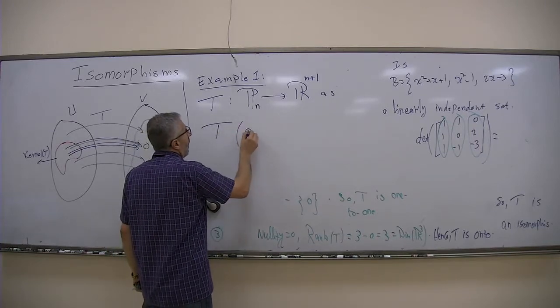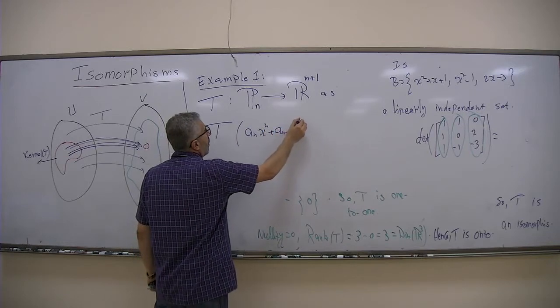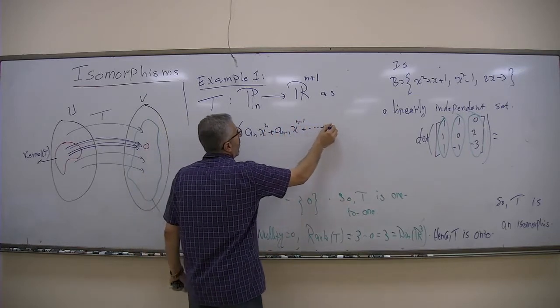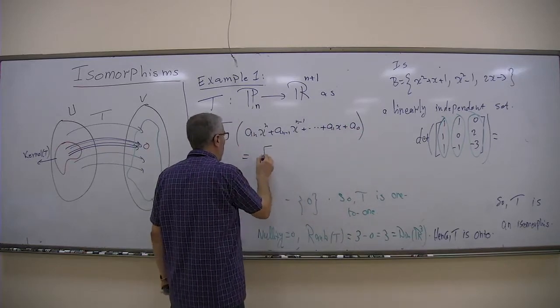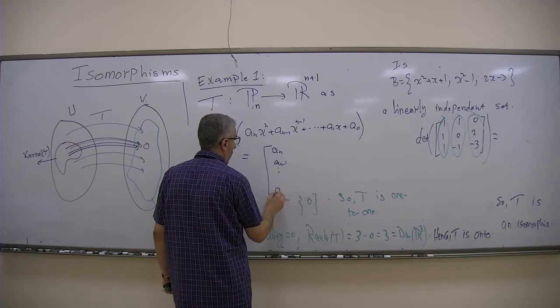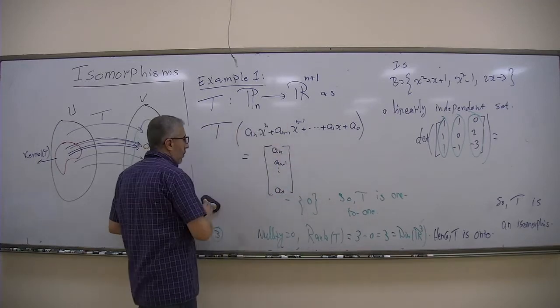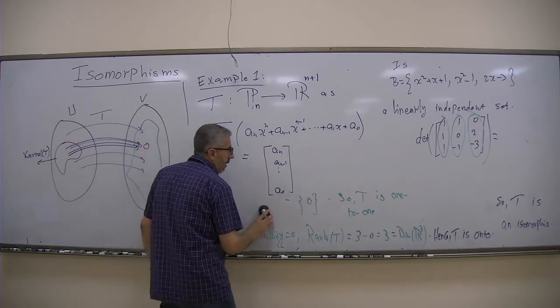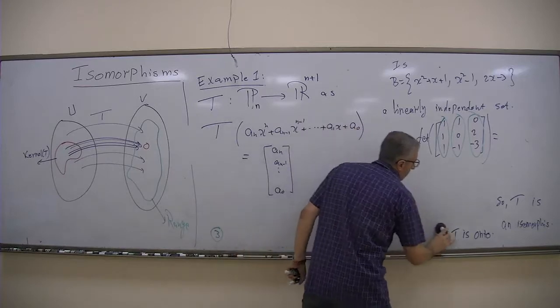You can take an x^n plus a_(n-1) x^(n-1) plus ... plus a1 x plus a0 mapped to (an, a_(n-1), ..., a0). This and this, they are isomorphic, and this is an isomorphism.